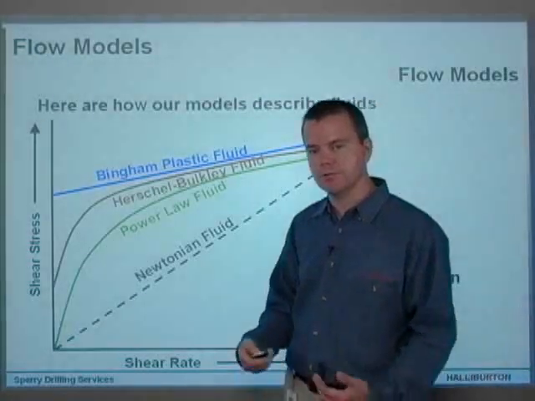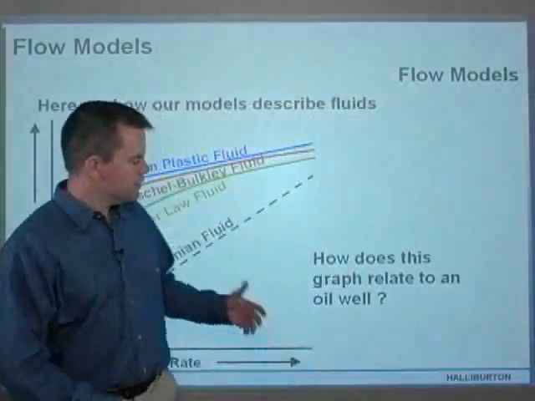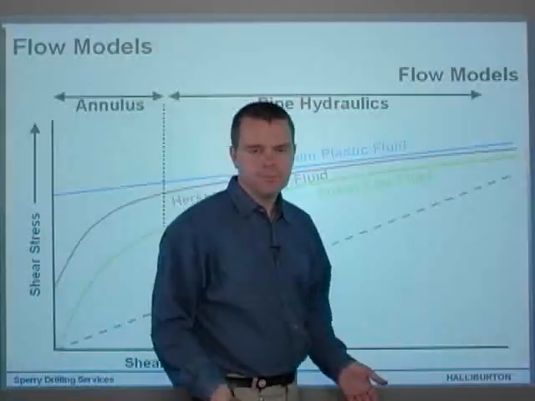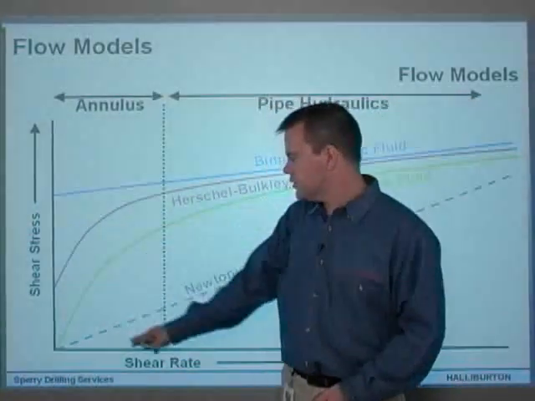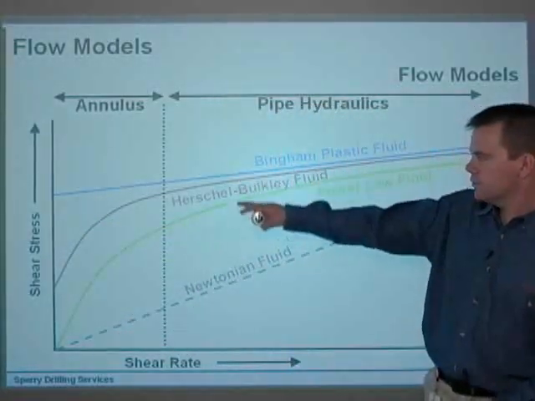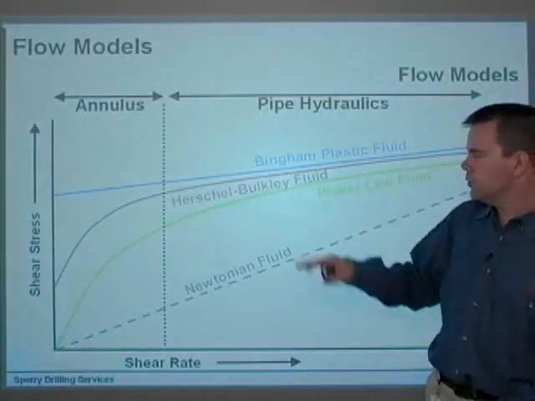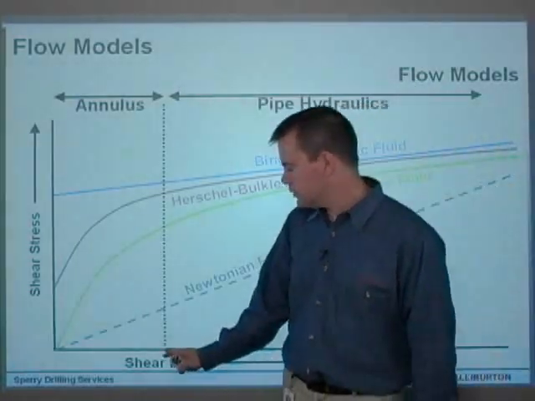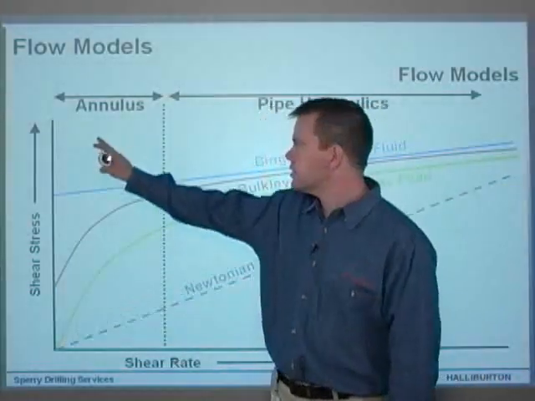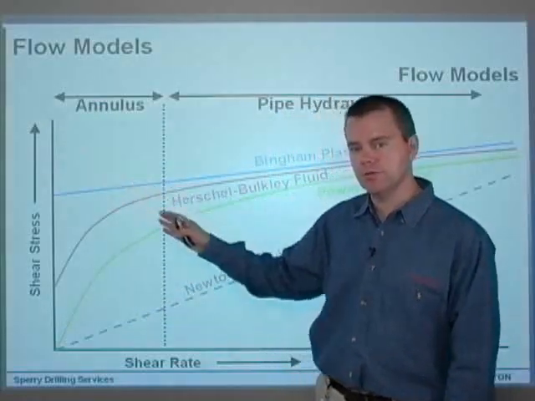So how would we relate this graph to an oil well? Well, if we have a look at shear stress and shear rate, we've got the same four curves on here: Bingham plastic, Herschel-Bulkley, power law, Newtonian fluid. Down at the lower shear rates, we could say this is representative of annular flow.